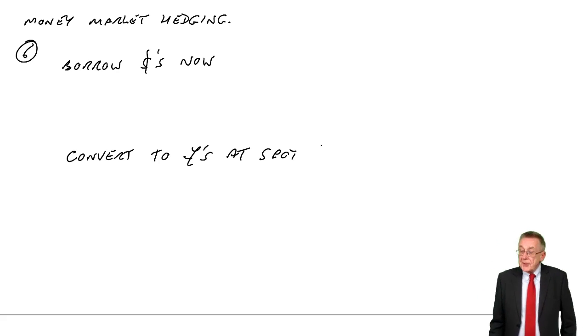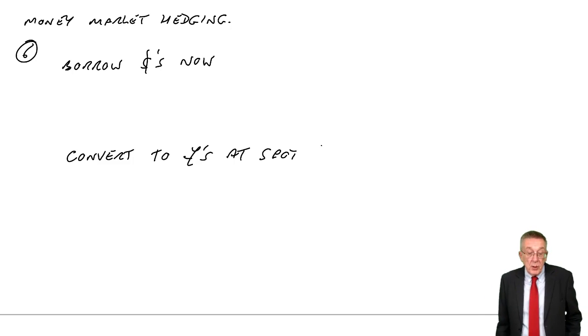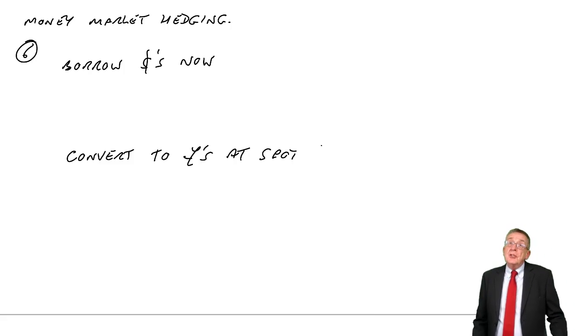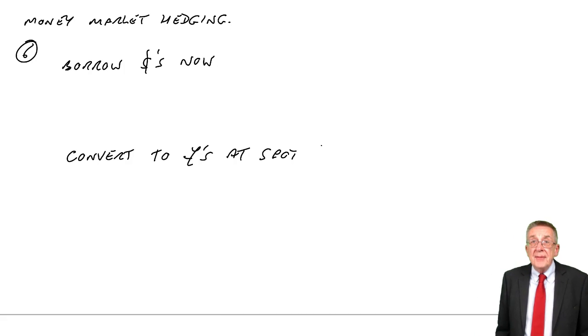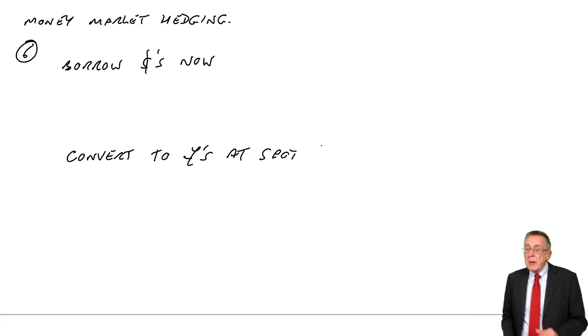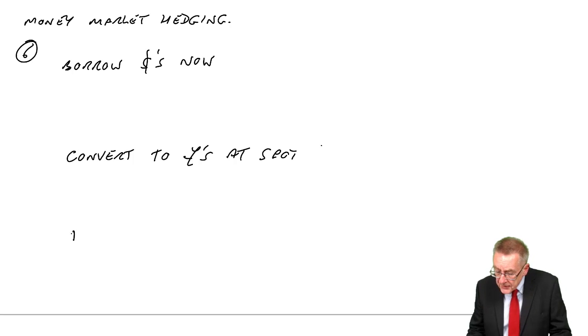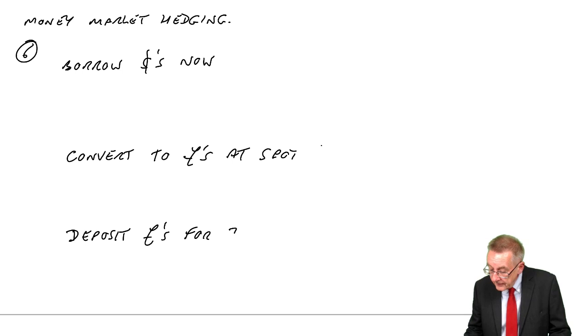Now, the only thing, of course, is I'll then be getting pounds now when I wasn't expecting to get money for 3 months. Well, we could just keep the pounds now, but to make it comparable, we'll deposit the pounds for 3 months.